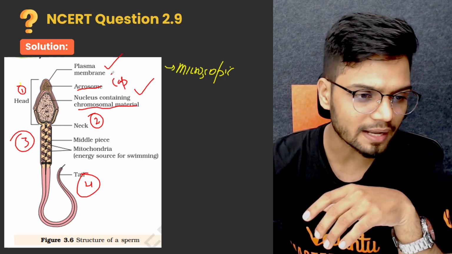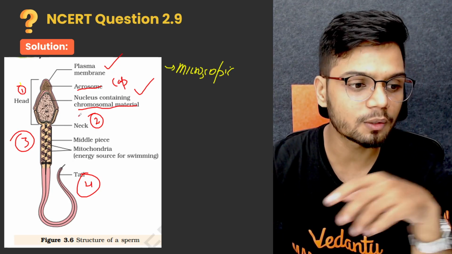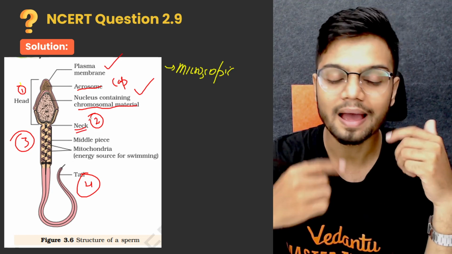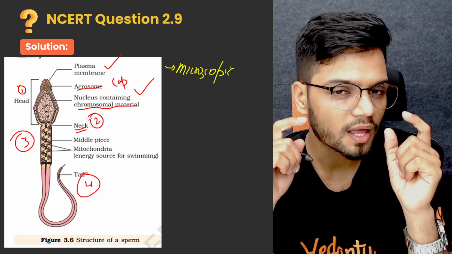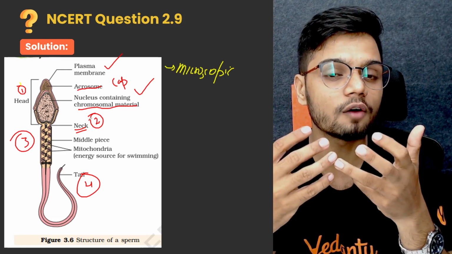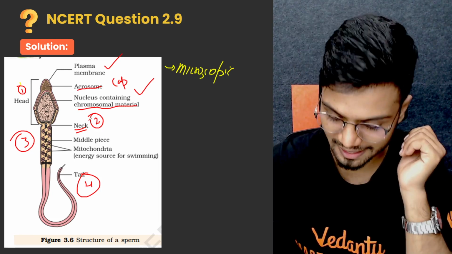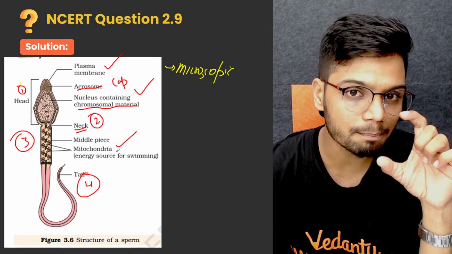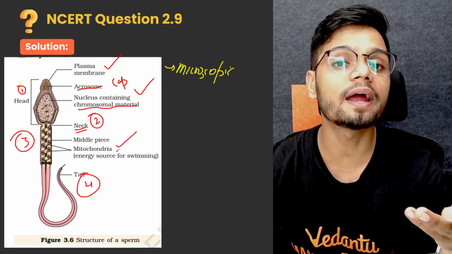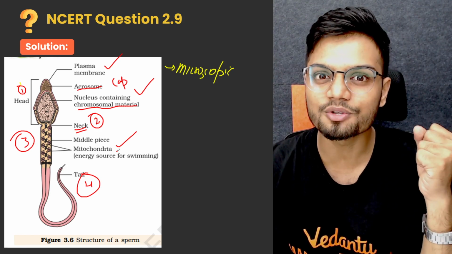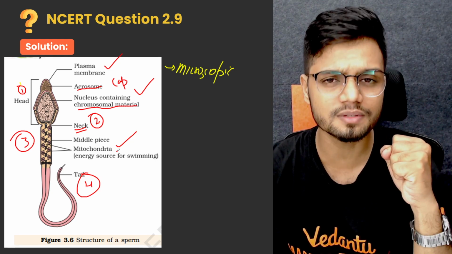Now, let's look at the neck piece. The neck is the connection between your head as well as your middle piece. The middle piece is composed of many mitochondria. We know the mitochondria is the powerhouse of the cell.